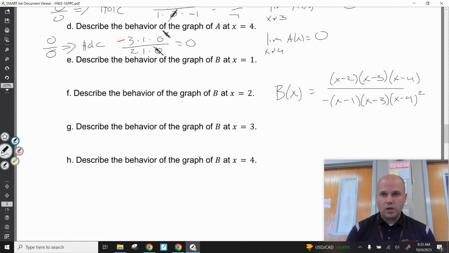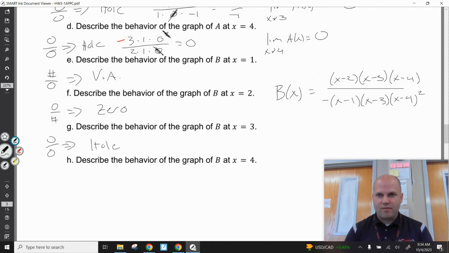All right, if I plugged in 1, now I'll get a number divided by 0, indication of a vertical asymptote. If I plugged in 2, I'd get a 0 over a number, indication of a 0. If I plugged in 3, I get 0 over 0, indication of a hole.